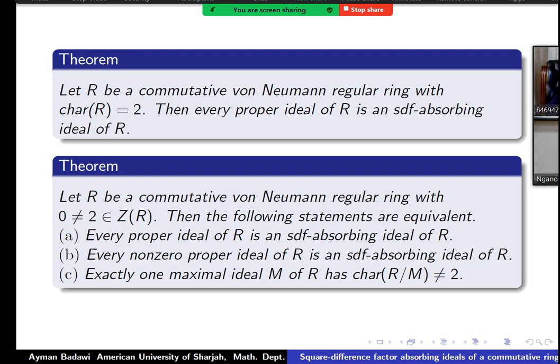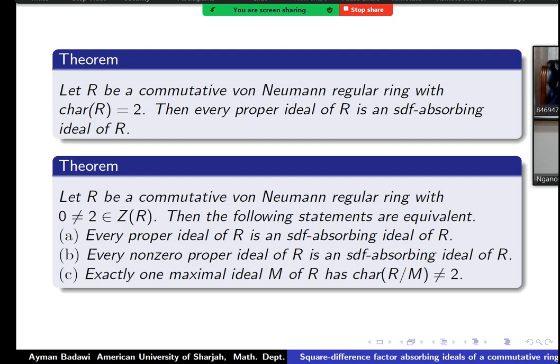Exactly one maximal ideal M of R has characteristic of R mod M not equal to 2.